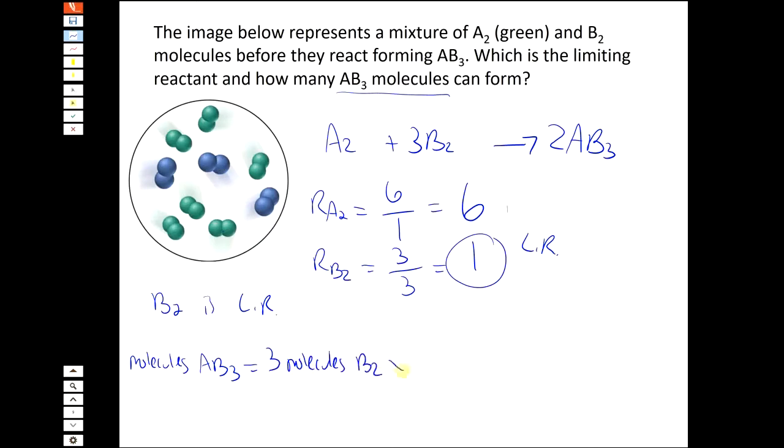And then using the stoichiometric coefficients, we can figure out how many molecules of AB3 would form, because these coefficients can be interpreted in terms of moles or in terms of individual molecules. We have a coefficient of 2 in front of AB3, so 2 molecules of AB3 are going to form for every 3 molecules of B2 that react.